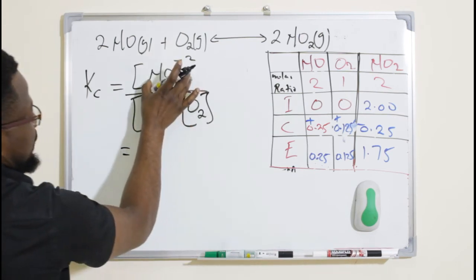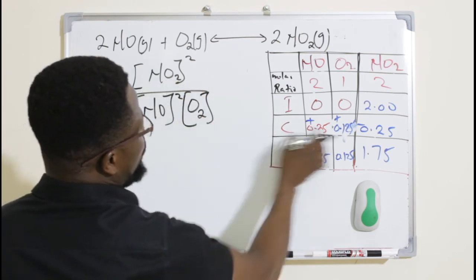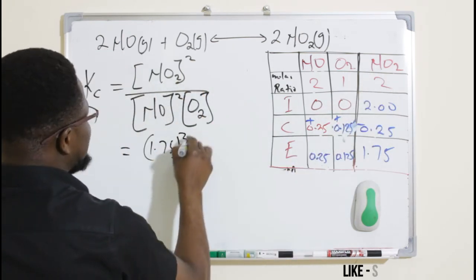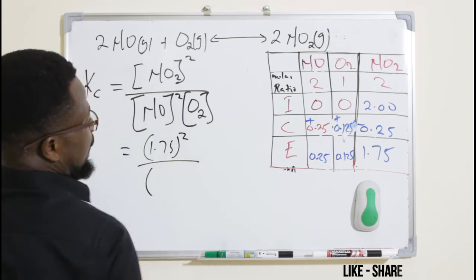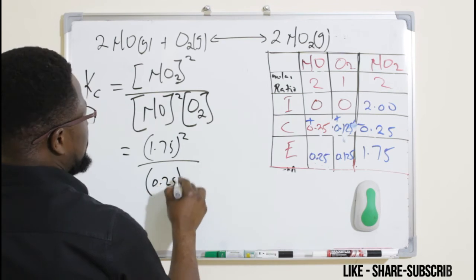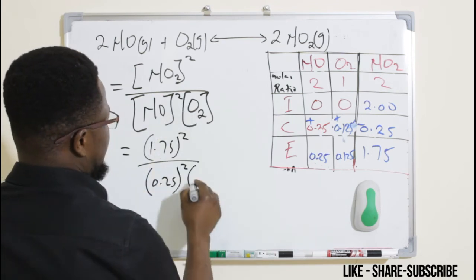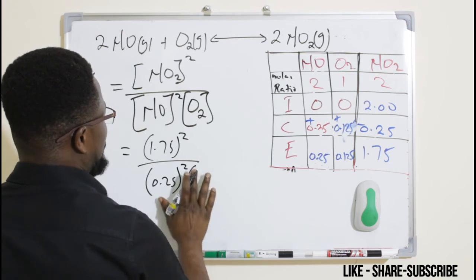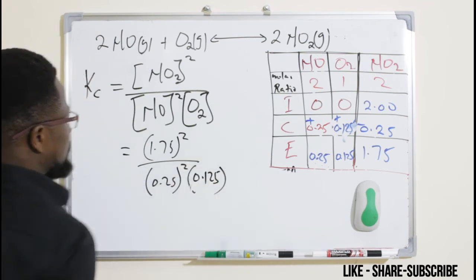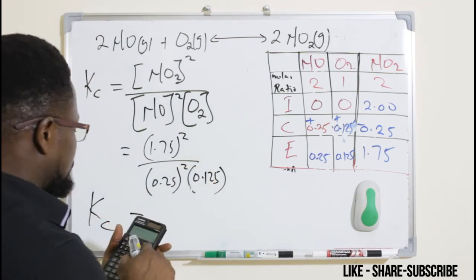The value of this is known, the value of this is known, this is also known. NO2 is 1.75 squared. NO is now 0.25 squared. And O2 is 0.125. So let's check and see what is going to be our Kc value.